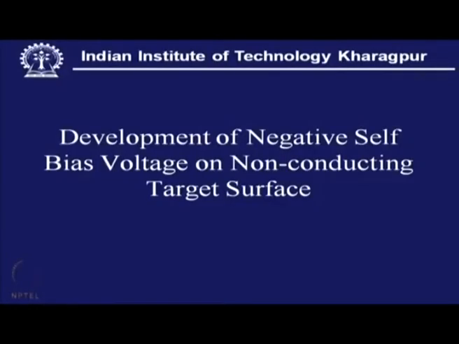Now, this blocking capacitor has one role. If it is a conducting material, we see how it is developed.